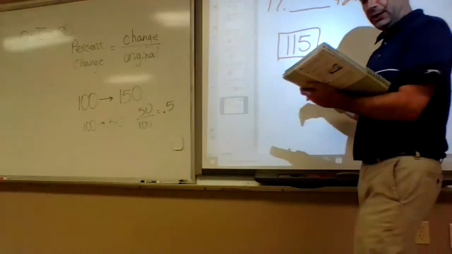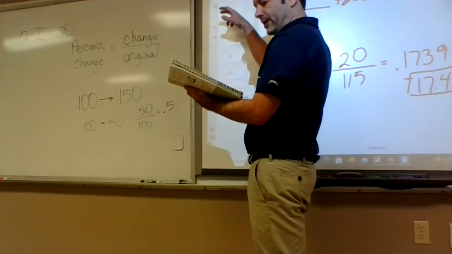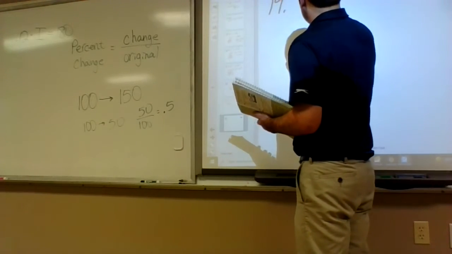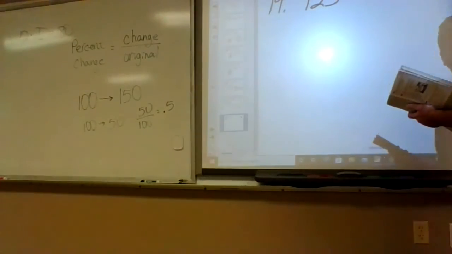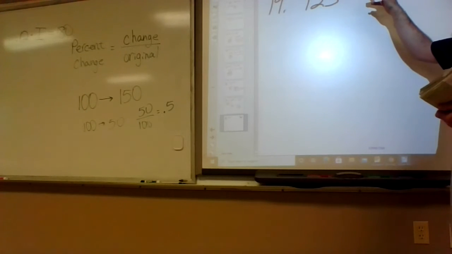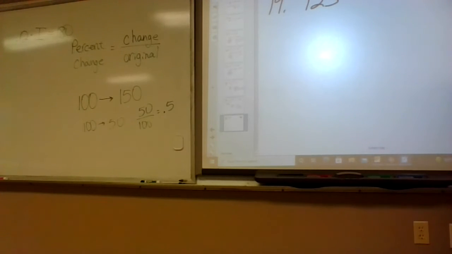Number 19. It says the original is 125, the new is 86. How do I figure out the change from 125 to 86? It got smaller, so subtract.